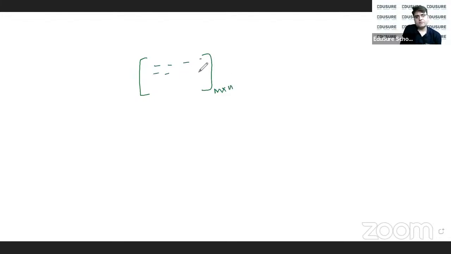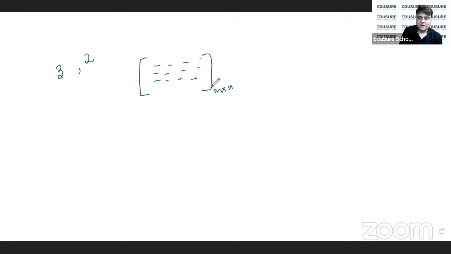This is an array. This is a matrix. The number of linearly independent rows or columns is always the same. So I cannot have 3 independent rows and 2 independent columns. Not possible. So the number of linearly independent rows and columns is the same.